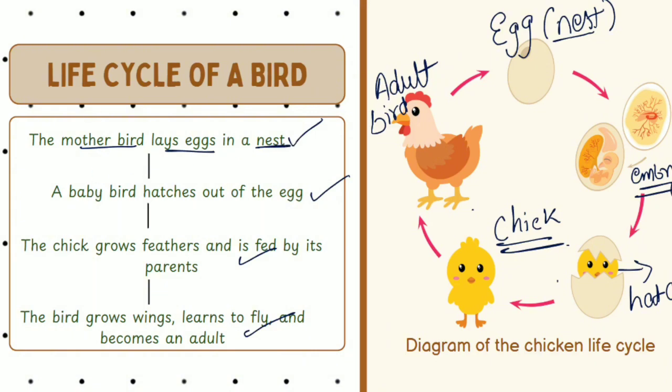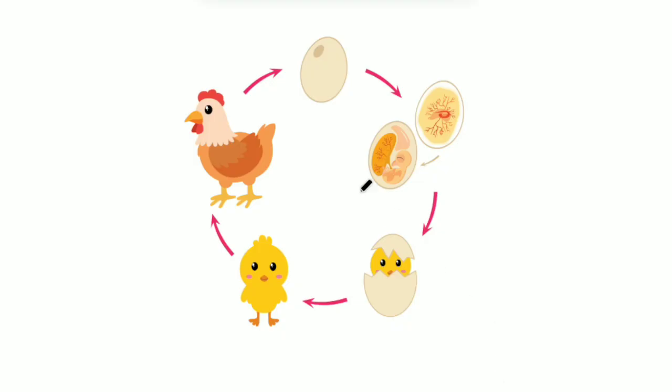The second is the baby bird hatches out of the egg. Then it grows with feathers and is fed by its parents. Then the bird grows with wings, learns to fly and becomes an adult. And this adult again lays eggs. This is the life cycle of a bird.